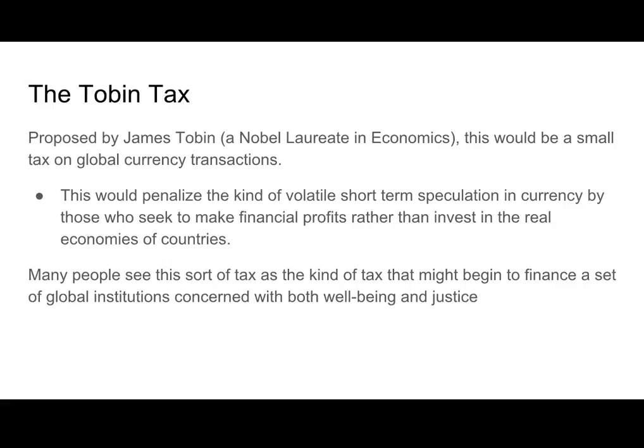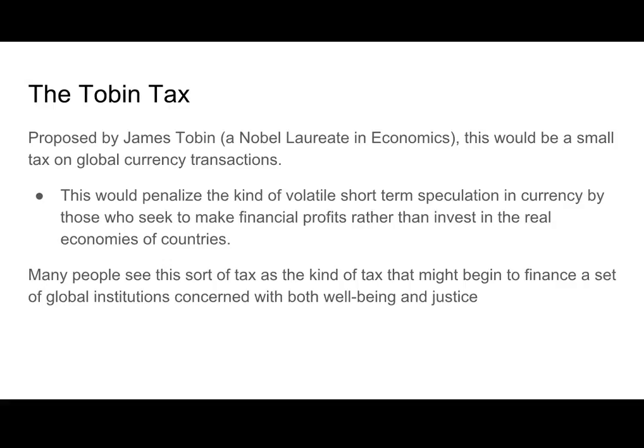And the idea that Tobin had was to penalize the kind of short-term currency speculation and short-term capital flows between countries that can sometimes destabilize particularly small emerging markets. And basically, it's a tax on those who want to make short-term financial profits by moving money around really quickly rather than invest for the long term in the real economies of those countries.